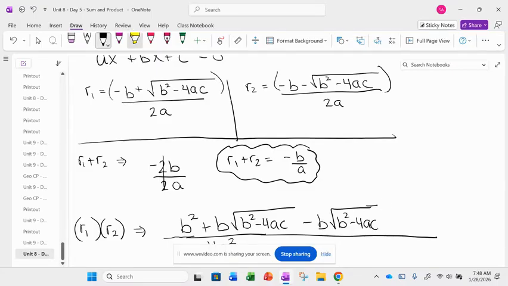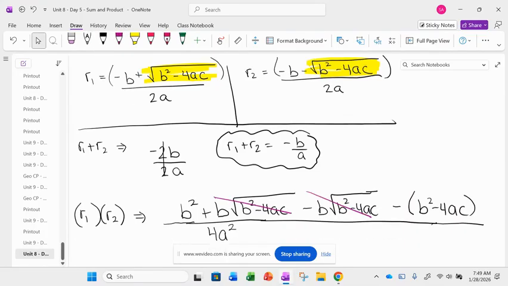And then I have this times this. Well, isn't it the same exact radical? So don't the square roots cancel each other? So we're going to have the negation of parentheses b squared minus 4ac. Are those parentheses important there? Yeah, because I'm subtracting that whole quantity. So now the middle terms cancel as they should.